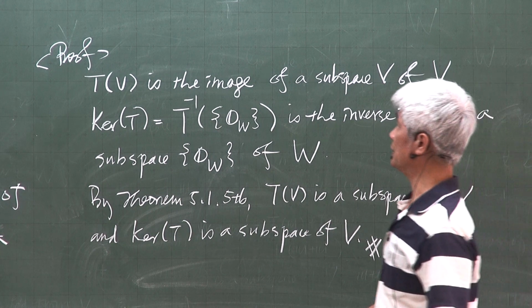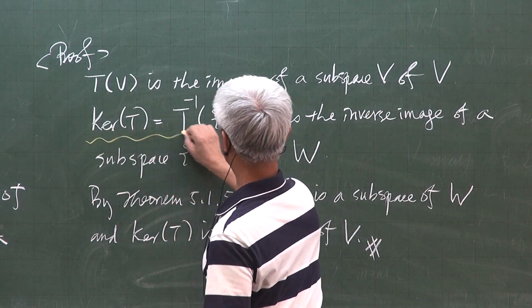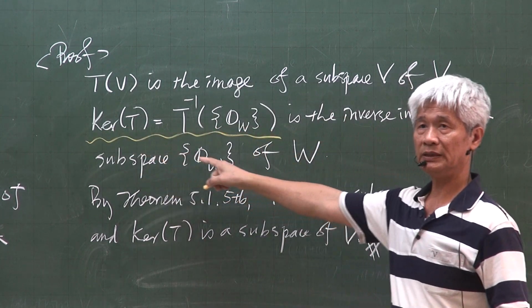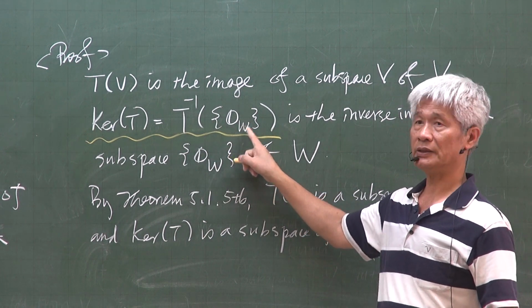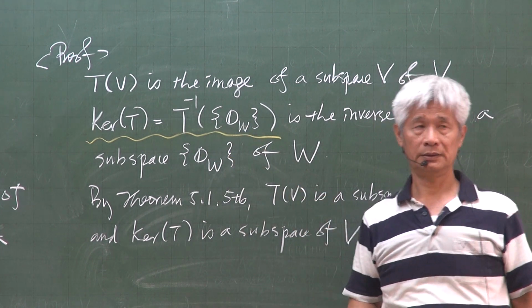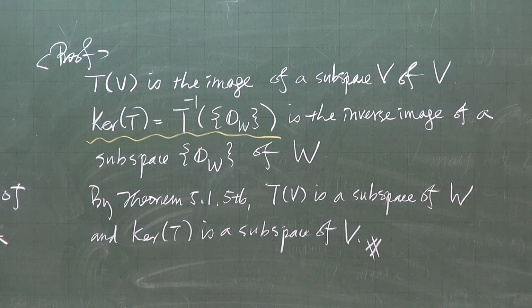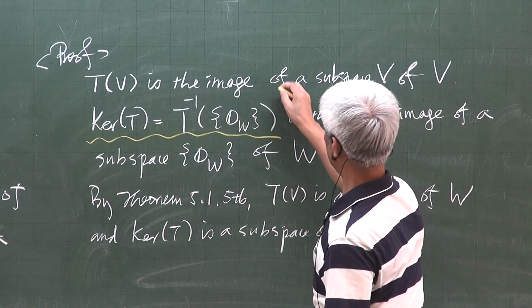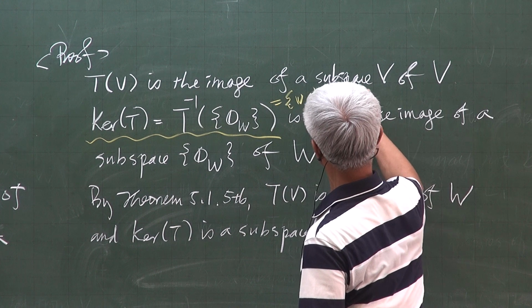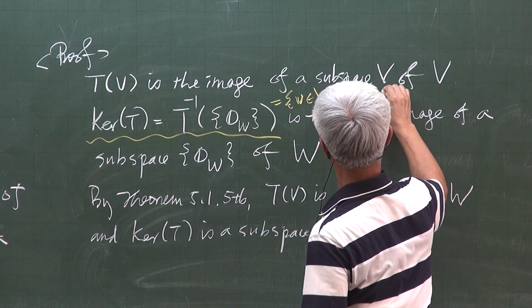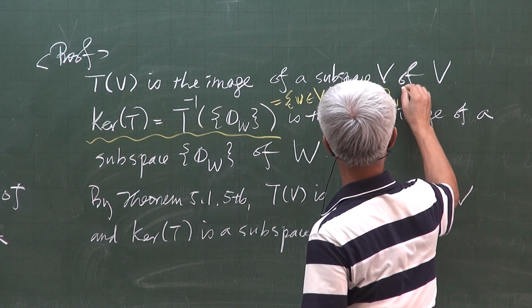Do you have any question about this fact? Kernel T is indeed the inverse image of this trivial subspace. What is that? This is all the vectors such that TV goes to the zero vector.